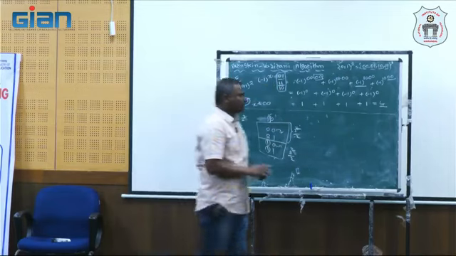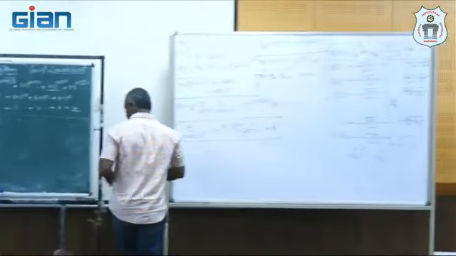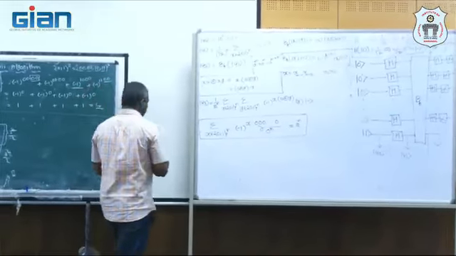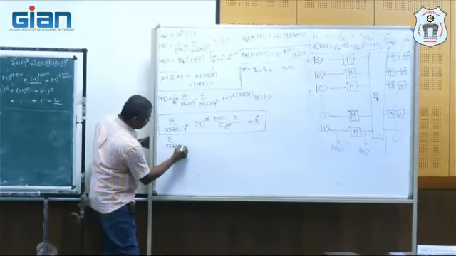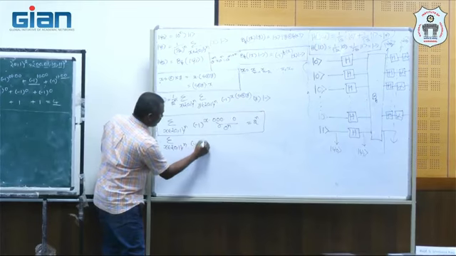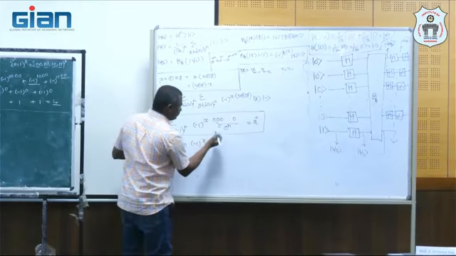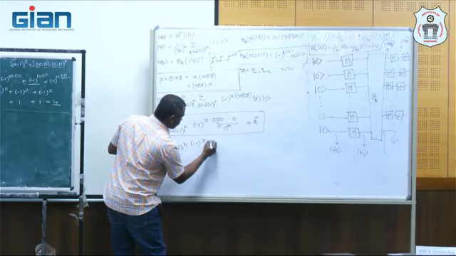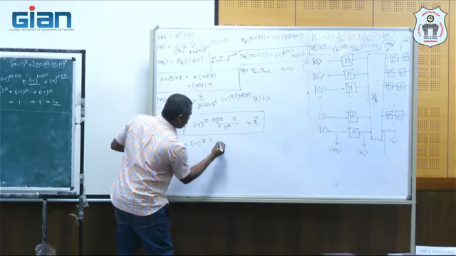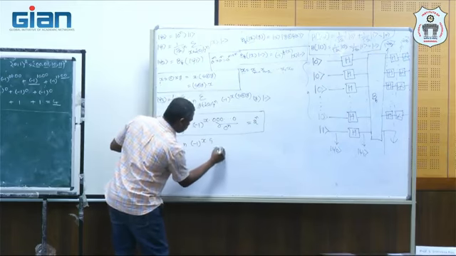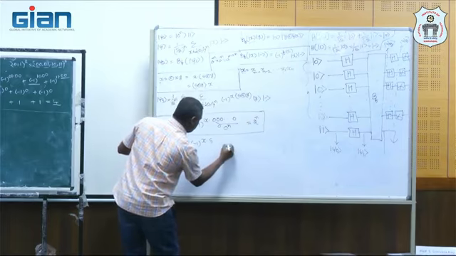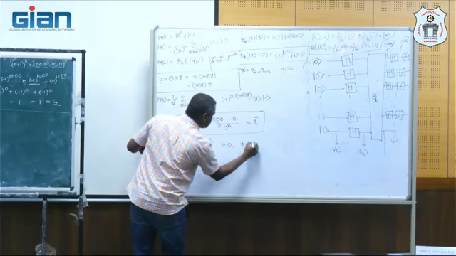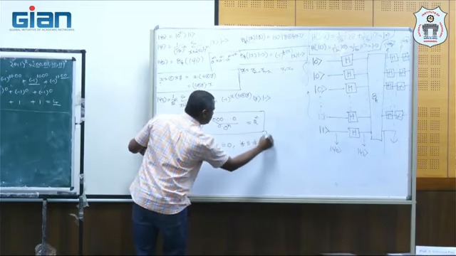Is that okay? Now write one more result: sigma x belongs to {0,1} power n, minus 1 whole power x dot s, equals 0 if s is not equal to 0 power n. Is this okay?